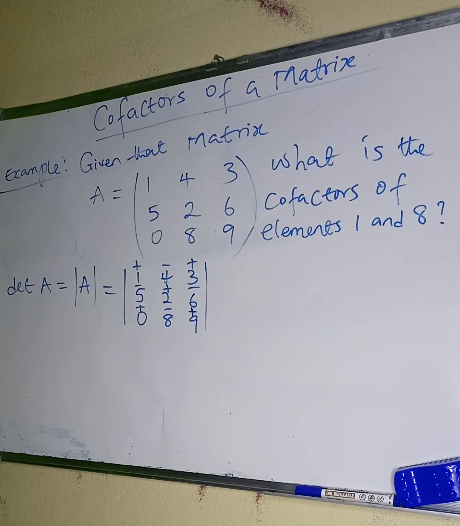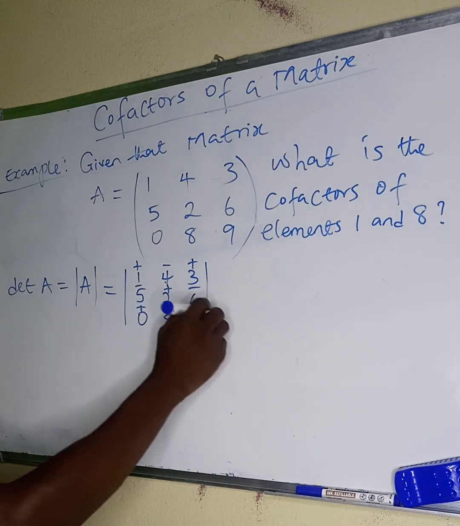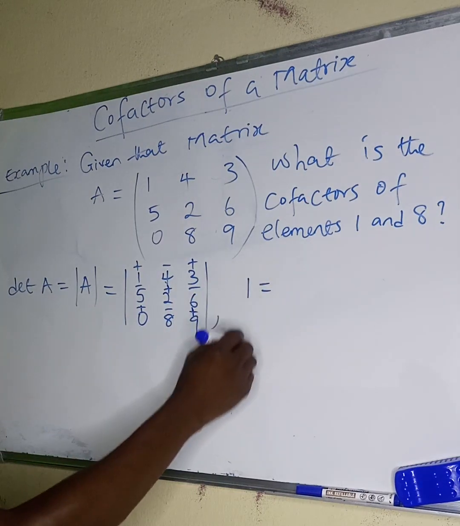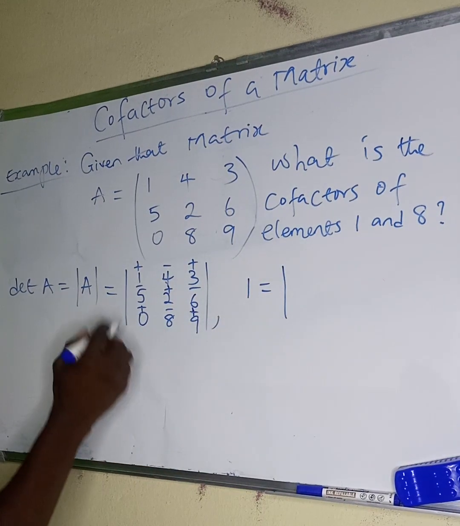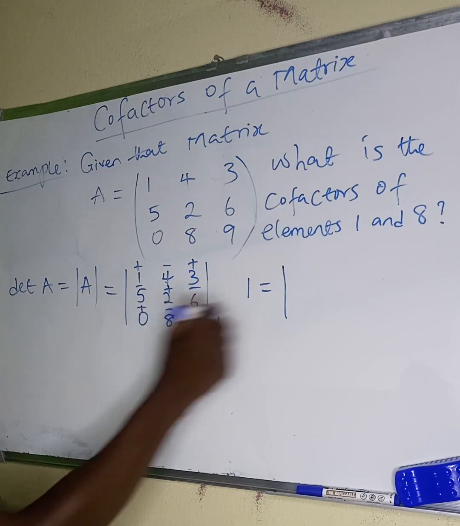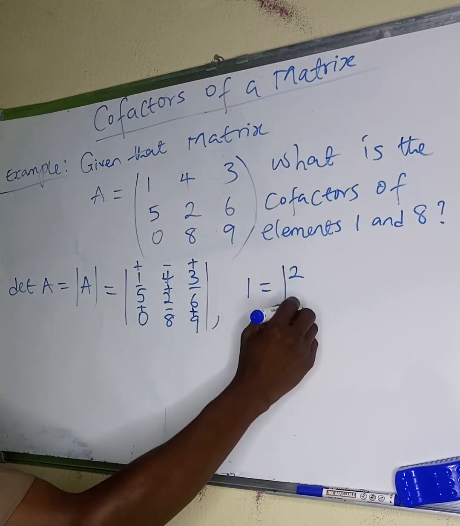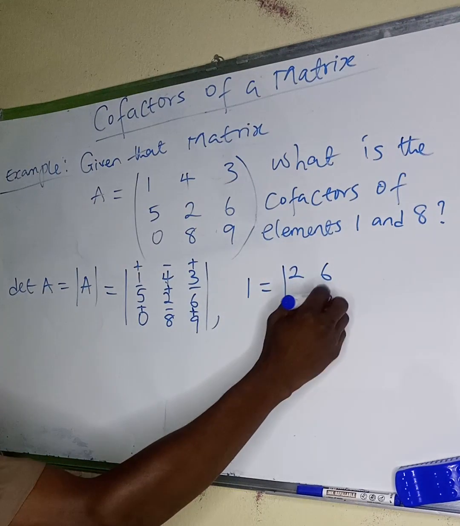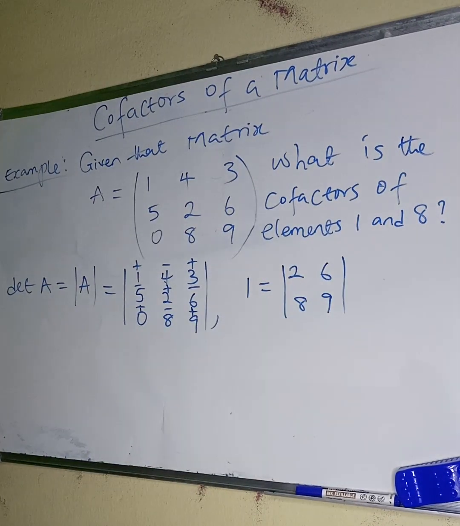Now element 1 is equal to, what will be left is 2, 8, 6, 9. That is what will be left.